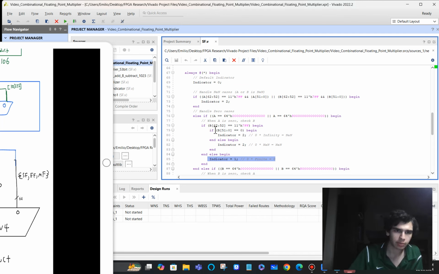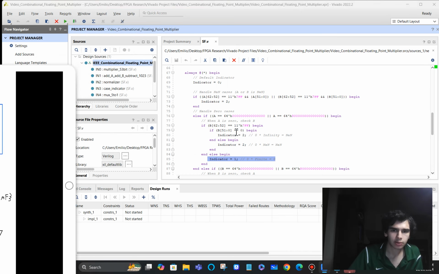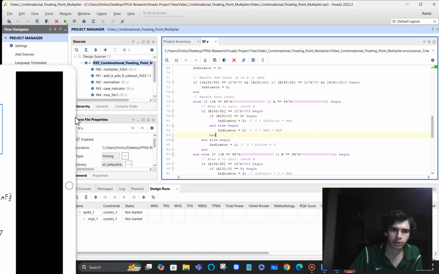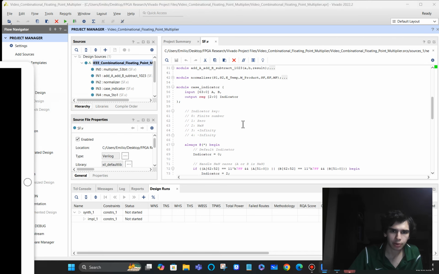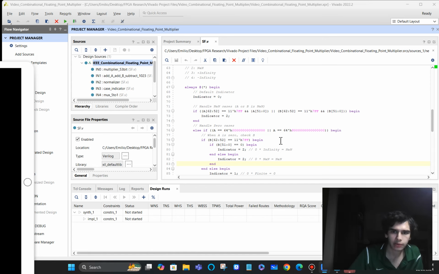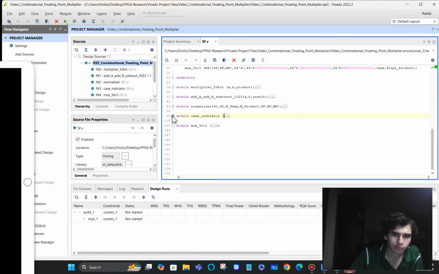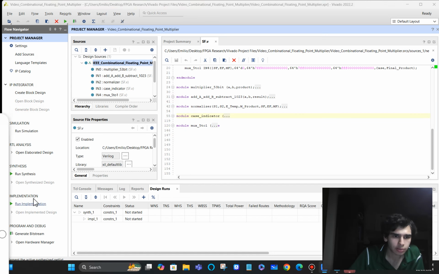You just change the if statements. But I'm fairly confident that it's correct, and let's just show it to you. The point is, it's just a combinational block that behaves how you want it to behave. So now let's run the simulation.